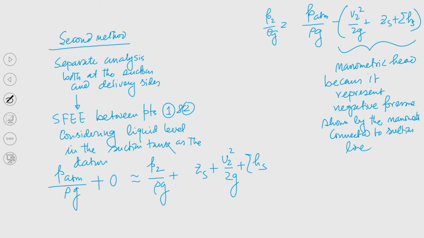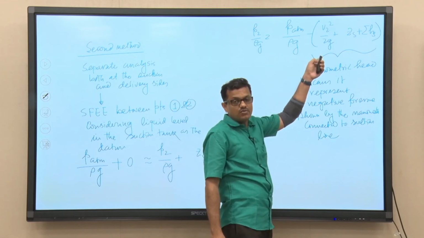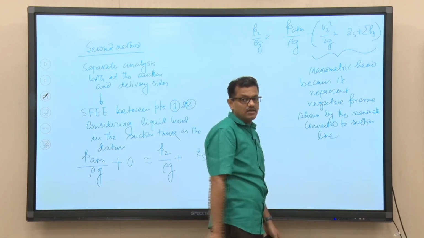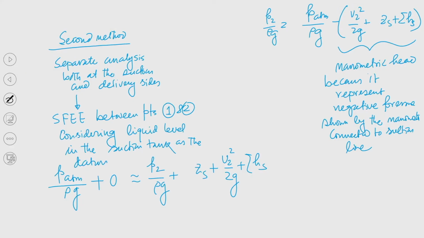You understand that the pressure at point 2 is definitely less than atmospheric pressure, and that is what I was talking about. This is quite obvious, otherwise there would not be flow of fluid from point 1 to point 2. Now, the pressure is less than atmospheric pressure by how much? It is less than the atmospheric pressure by this quantity, so this quantity is very important.